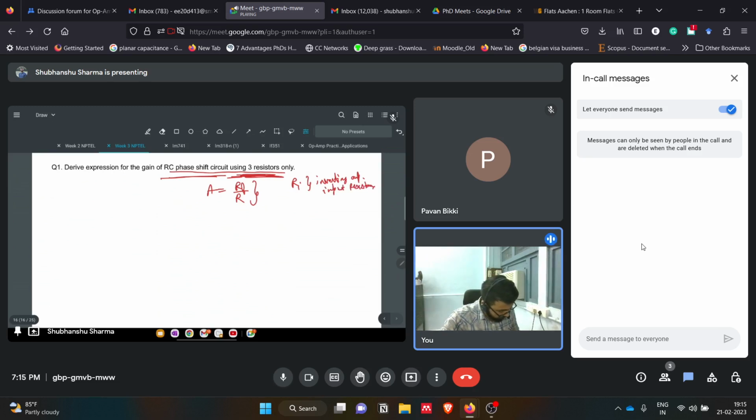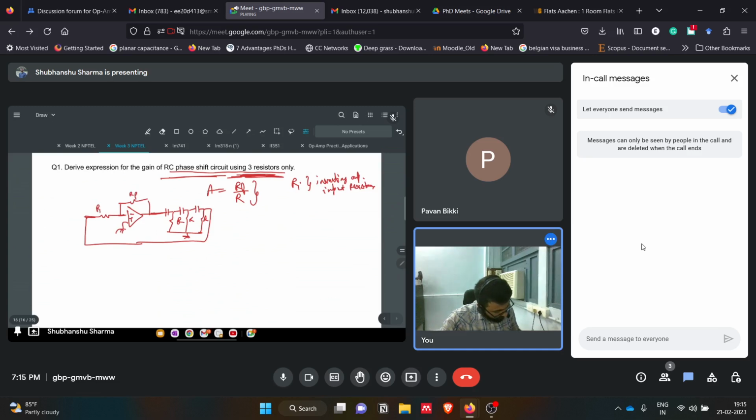So we were being taught this circuit. I'll just make it clear. Minus, plus, this was grounded, this was a capacitor, R, so these are grounded. There were three resistors here, this was RF.